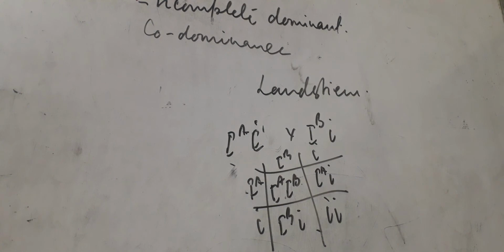Next is polygenic traits. Polygenic traits are quantitative characters, not qualitative, because the skin color of humans is controlled by several pairs of separate genes. In a cross between black and white skin, it will depend upon how many genes are there.